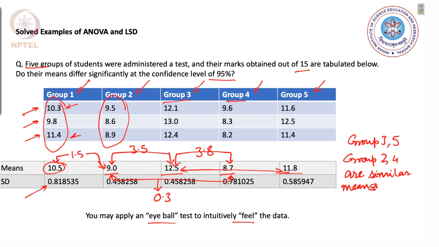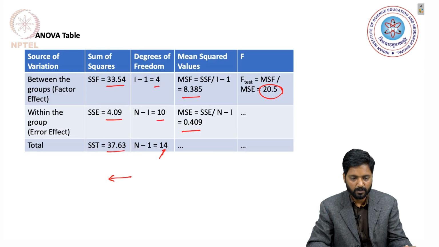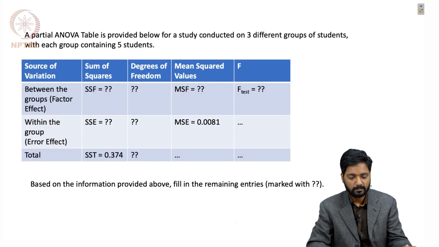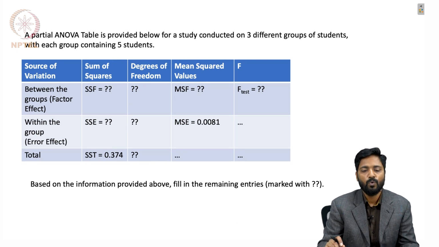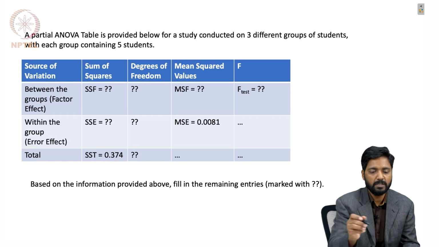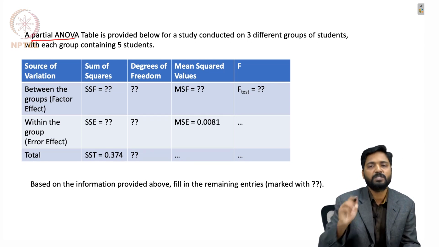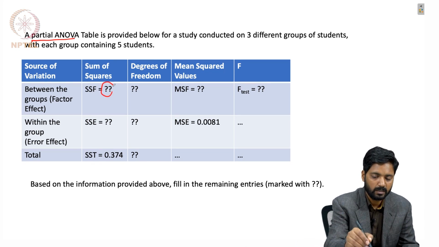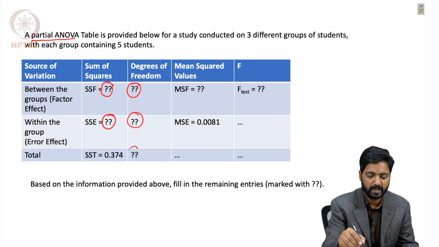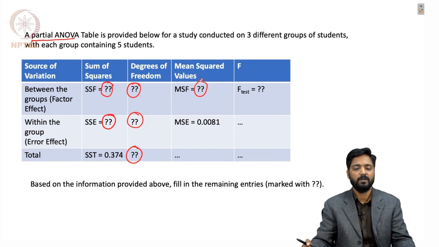Now, another way in which you can be asked this question on analysis of variance is provided here. One can provide you with a partial analysis of variance table and ask you to fill out the rest of it, the information which is not provided, which I am encircling here.